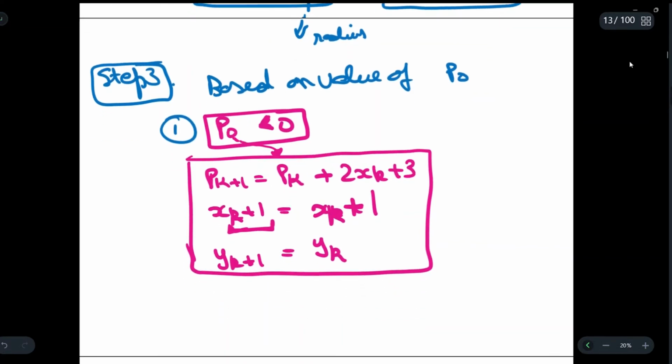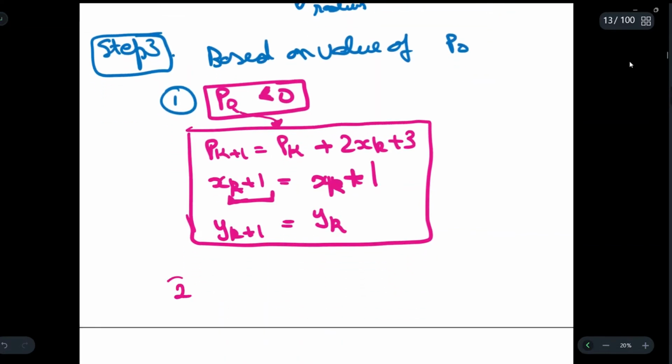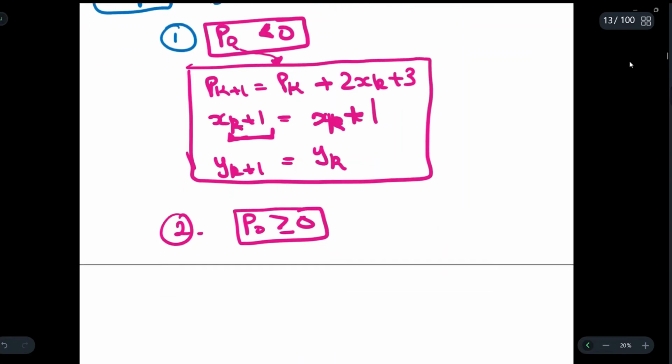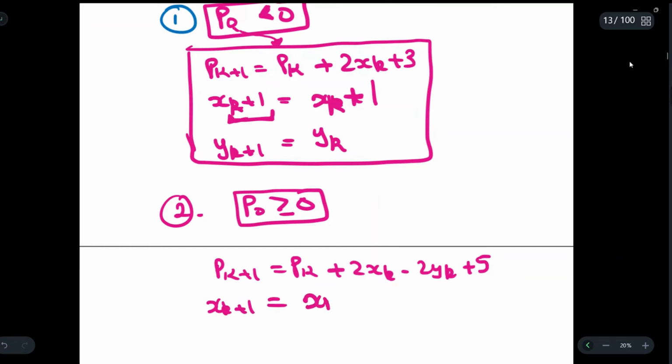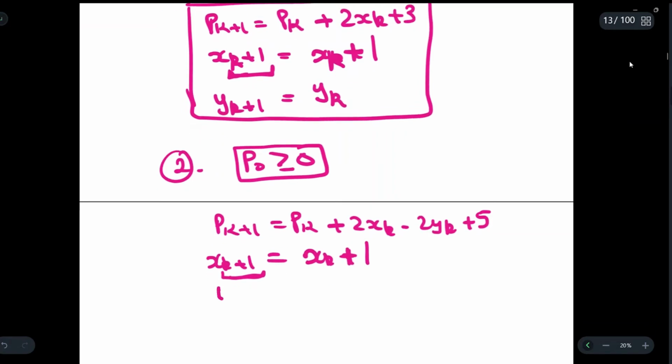Now similarly, we have a second case, that is when the value of p naught is greater than or equal to 0. In this case, we will get the value of pk plus 1 as pk plus 2xk minus 2yk plus 5, and the value of the next x coordinate, xk plus 1, will be given as xk plus 1. This is in the subscript, and we are adding 1 to xk. Now we will have the value of yk plus 1 as yk minus 1.